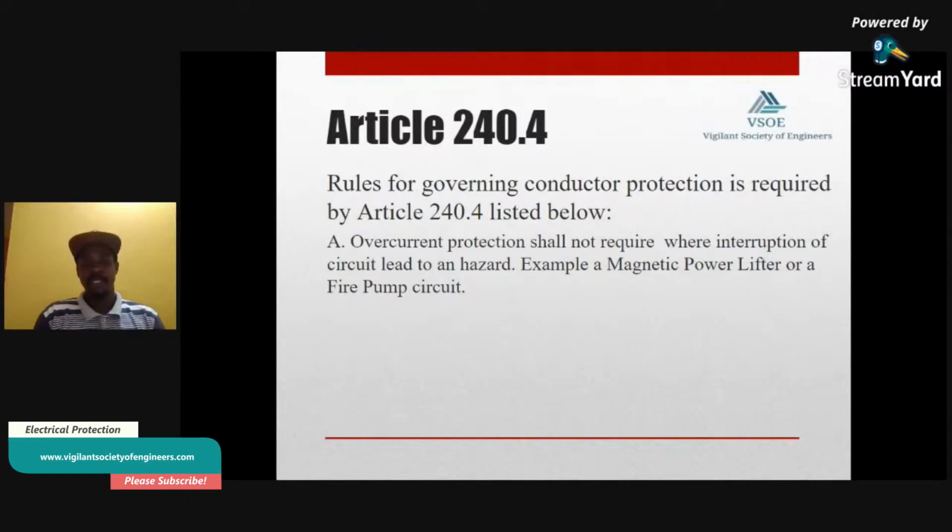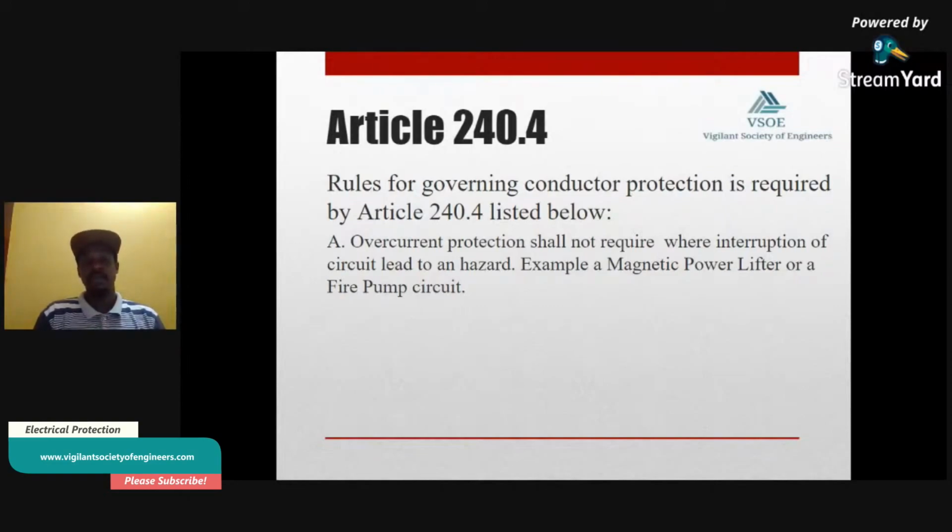So, what does that mean? That we have to ensure that there are no interruptions of the supply by means of any protection mechanism.